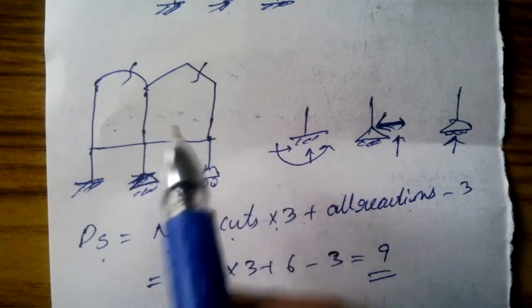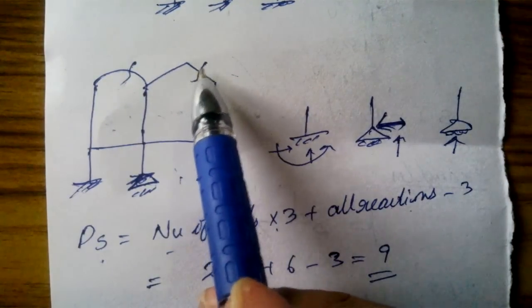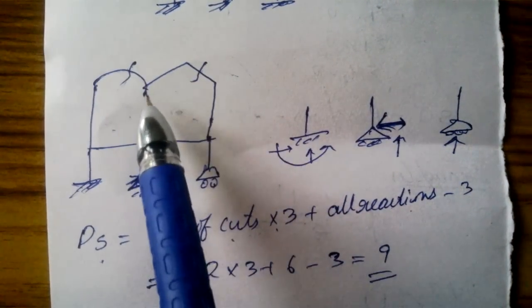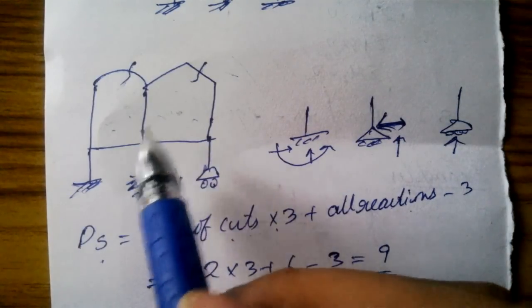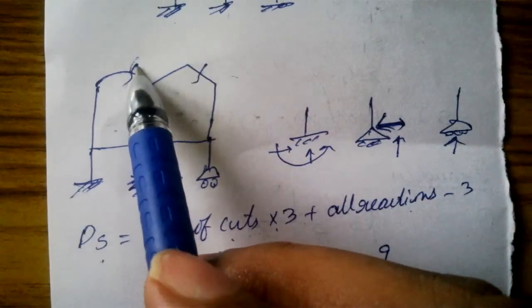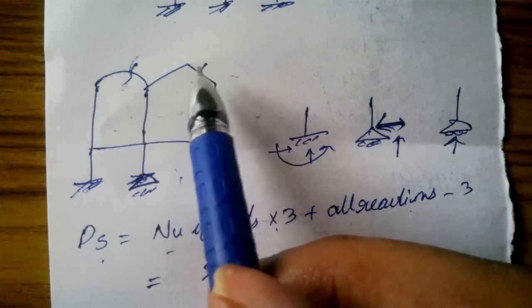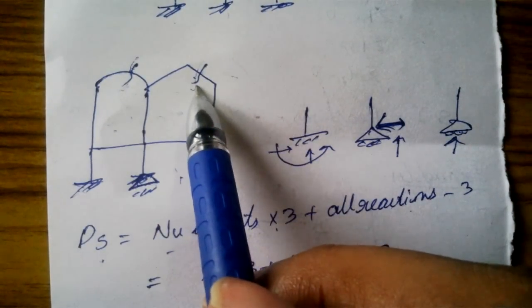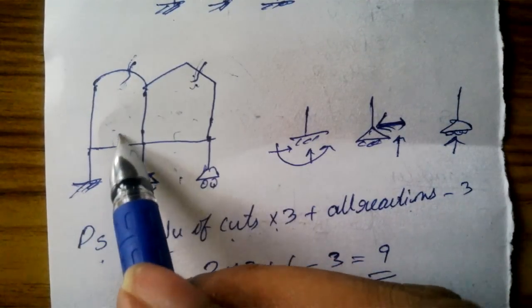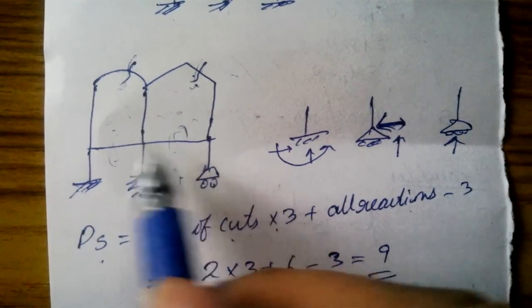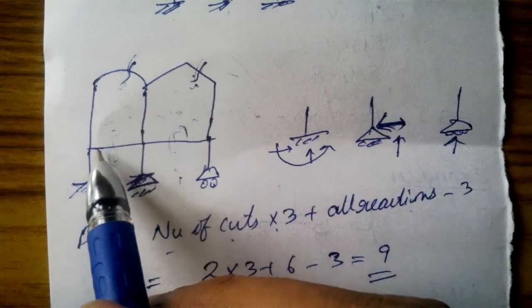So we will cut into pieces and count the cuts. We have to open the structure. This is one cut we can make here to open these, and here one more cut we can make, and we can cut here also, but we should not cut these elements because there will be no continuity in the structure.